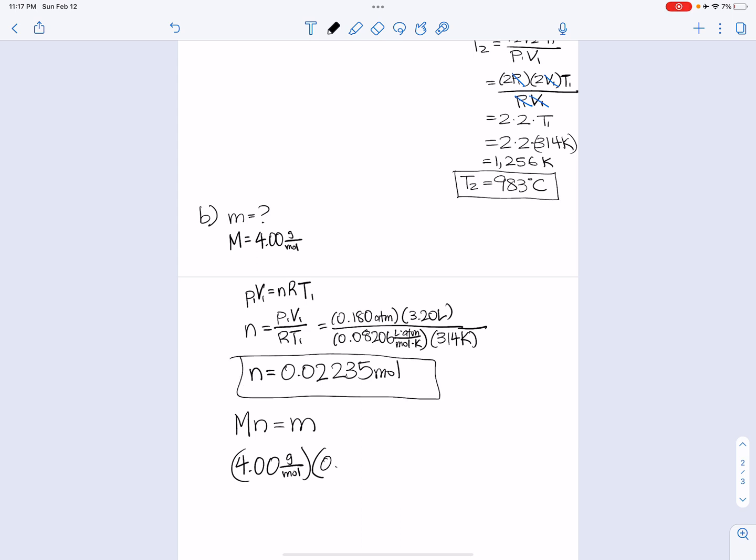So that is 0.02235 moles. My moles will cancel out, so I'm left with grams. And if I multiply 4 by 0.02235, I would get that my mass is equal to 0.0894 grams. And that is the final answer for part B.